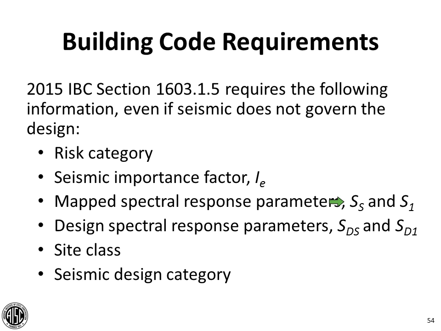These are the mapped spectral response parameters. These are the ones that are more or less normalized for a certain site, and then the design spectral response parameters that reflect the individual characteristics, at least to some extent, of the particular site at which your project is located. Both of them are required to be shown.